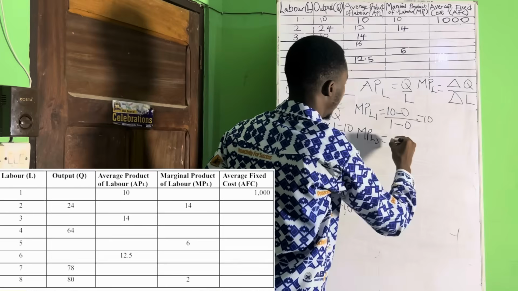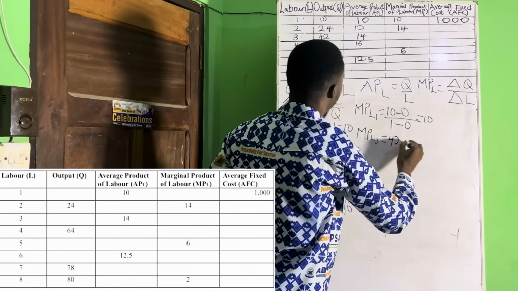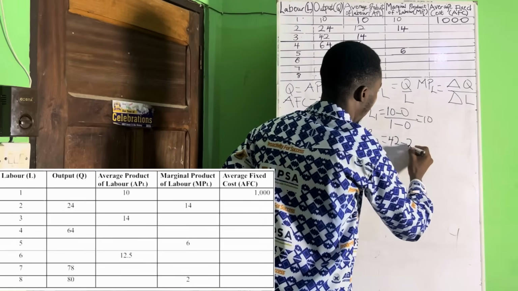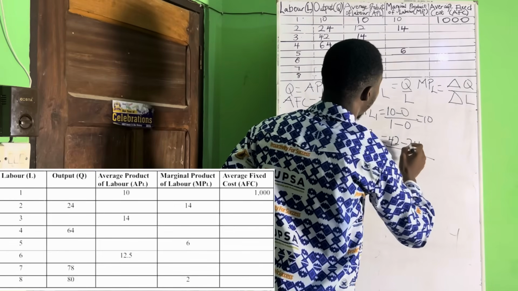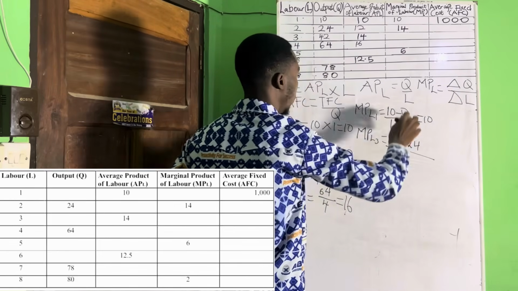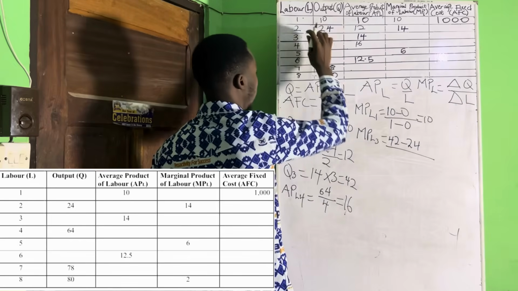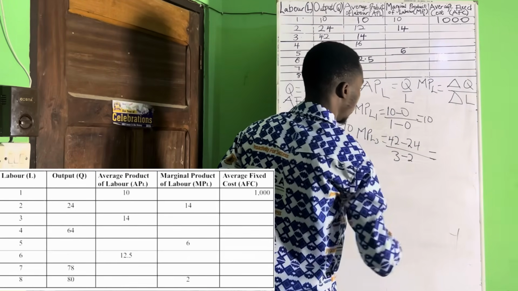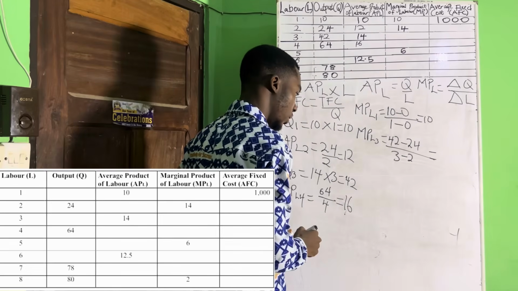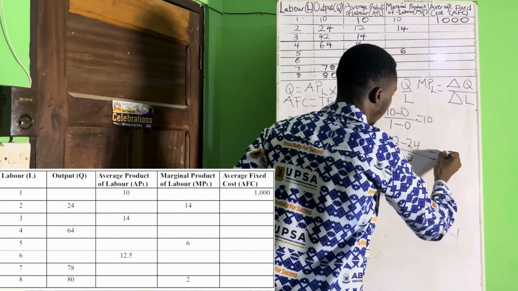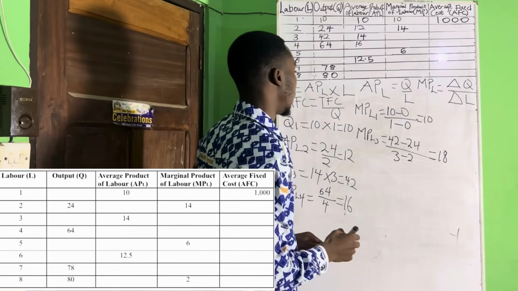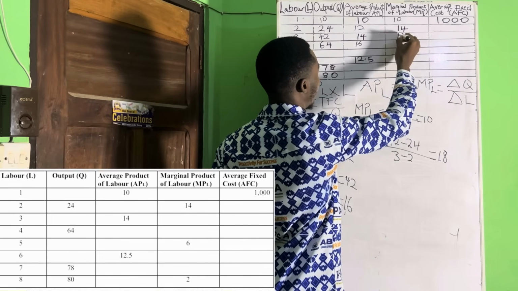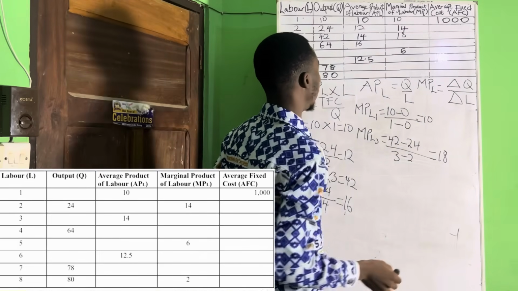So 42 minus the old one, the one before it, which is 24, over the change in labor. So 3 minus 2, get it? 3, then minus the one before, which is 2. So 42 minus 24 over 3 minus 2 should give us 18. Then now we can put the 18 here. So that was for this one, right? Yes, this side is giving us 18.